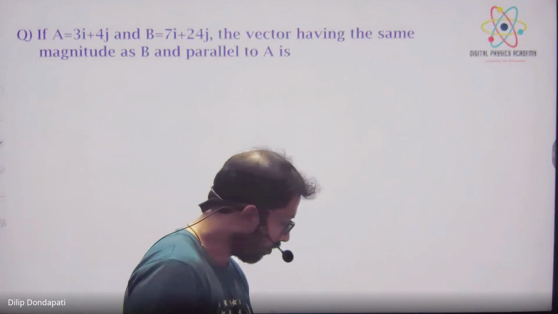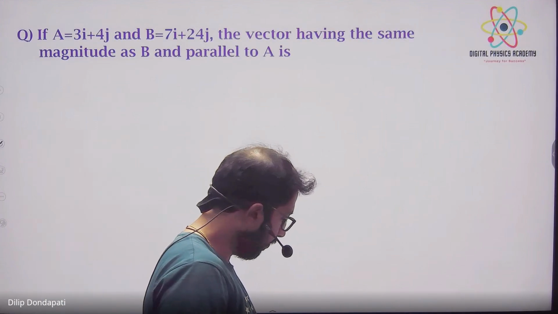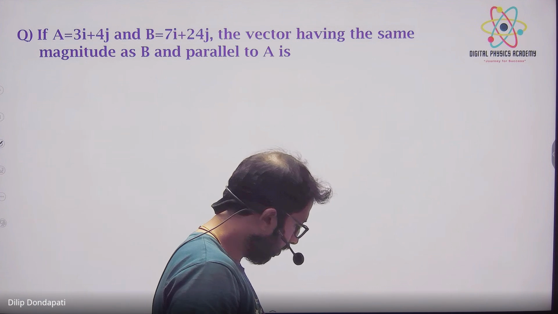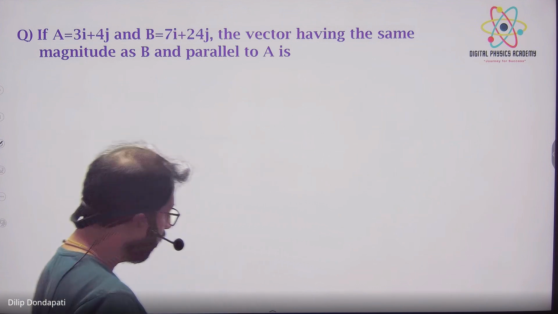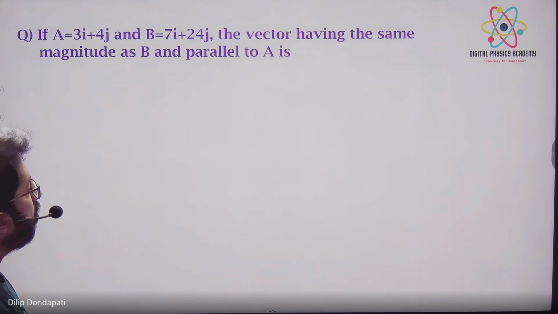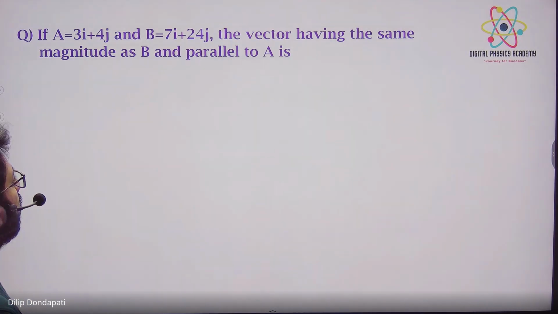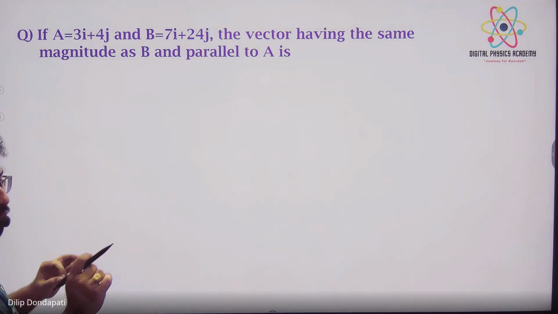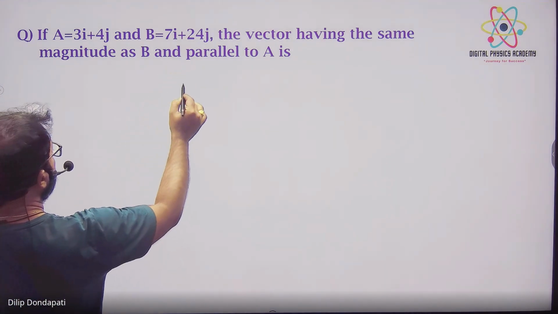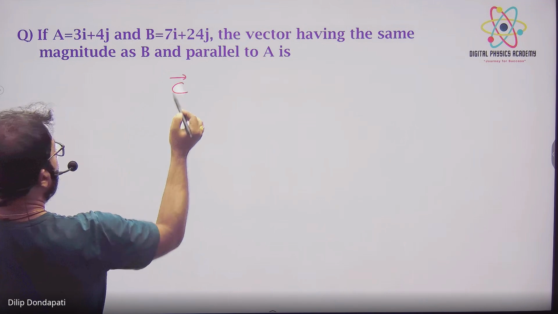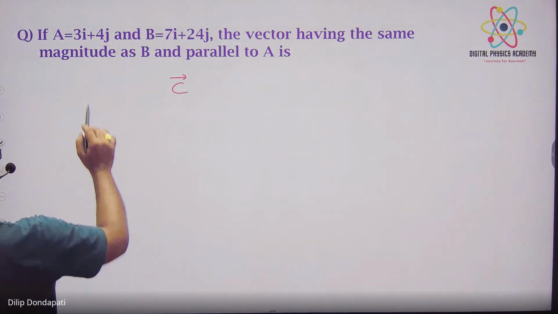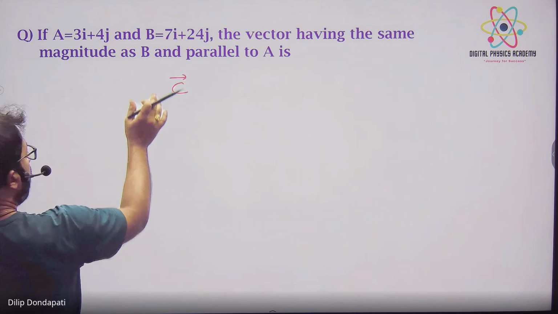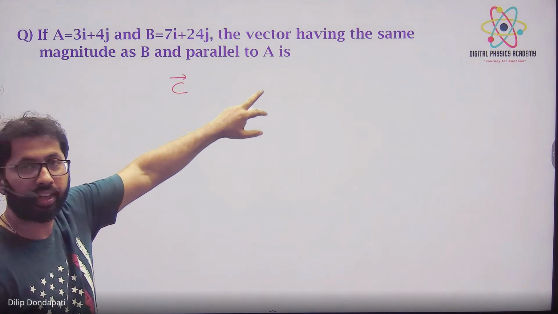There will be some twisted questions. Understand and solve. A vector is given, B vector is given. The vector having same magnitude as B and parallel to A vector. So you have to find a vector. Let C vector be a new vector, such that a vector has both magnitude and direction, right?